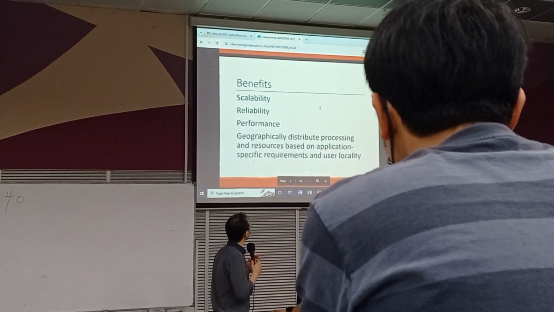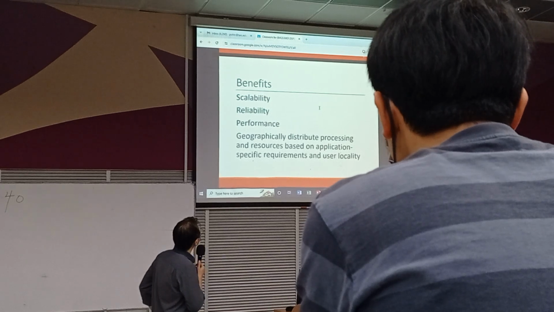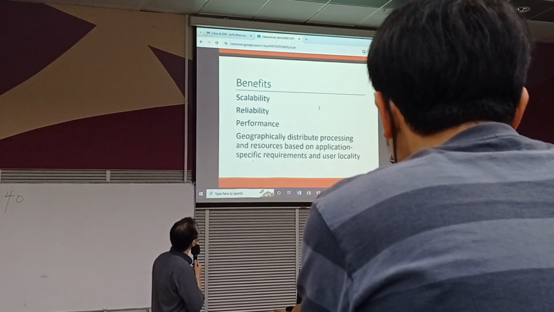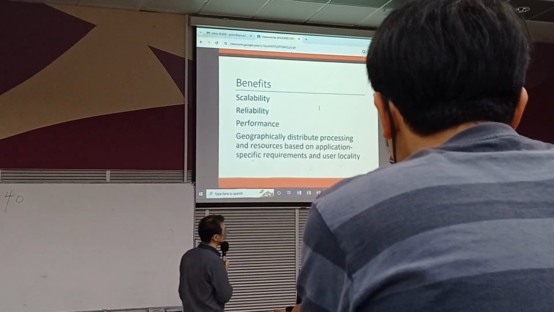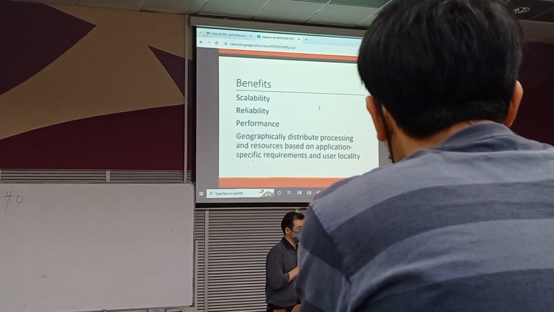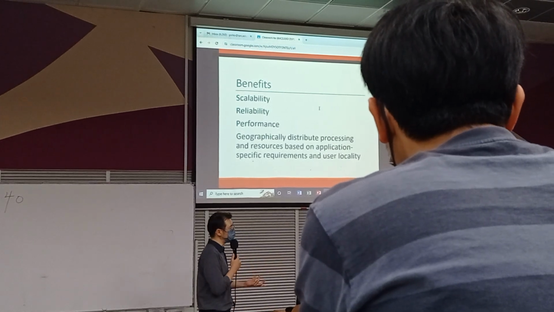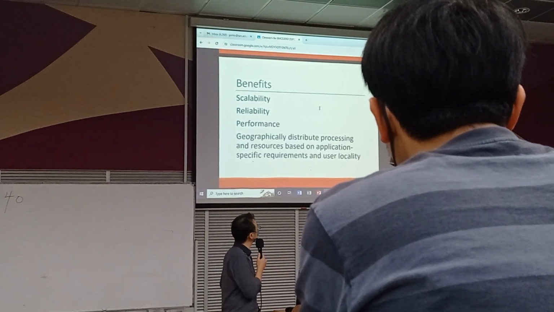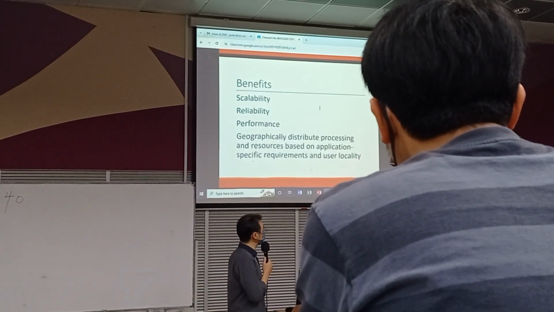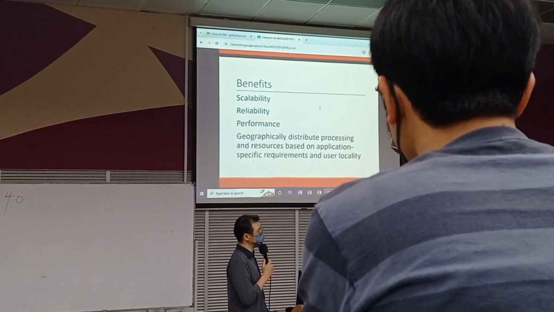So the benefits, I already highlighted some just now. So you got scalability, meaning that you can improve the size. Let's say you start small, maybe you got only 2 servers. Then, if your customers increase, you can scale it to a bigger size.